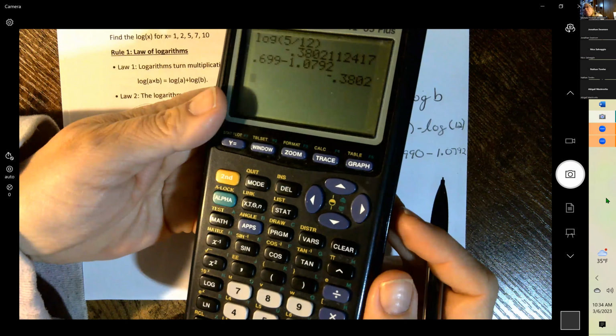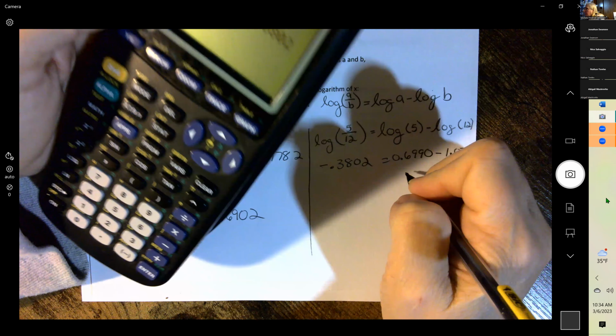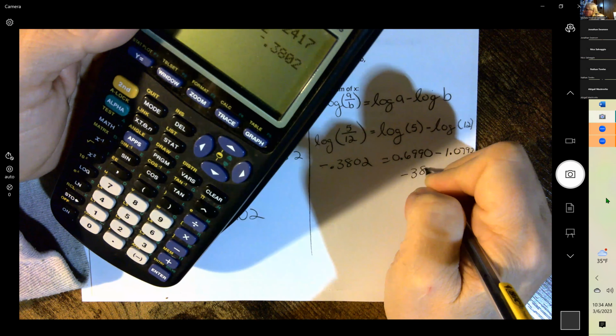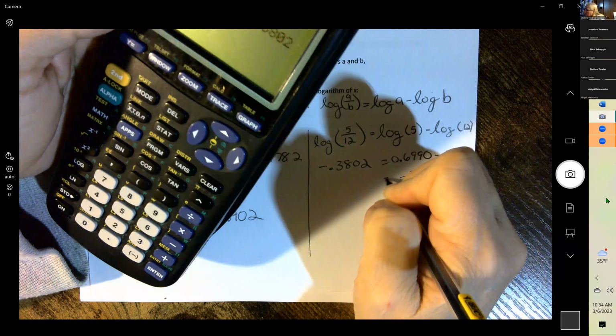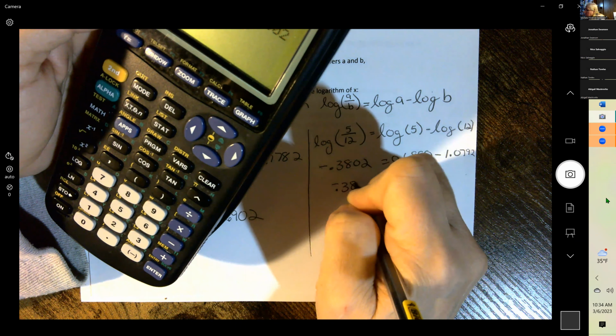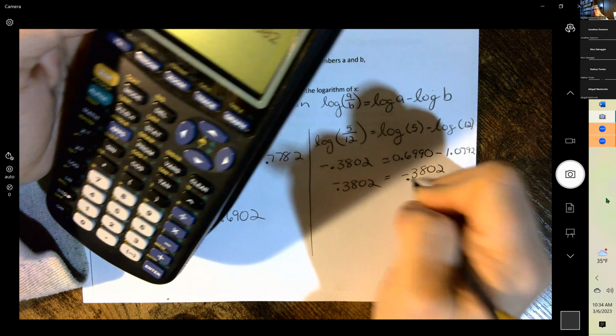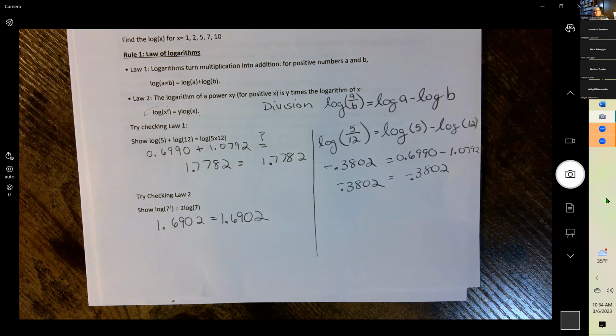If I subtract them, you get the exact same value. Any questions on plugging values into the calculator?